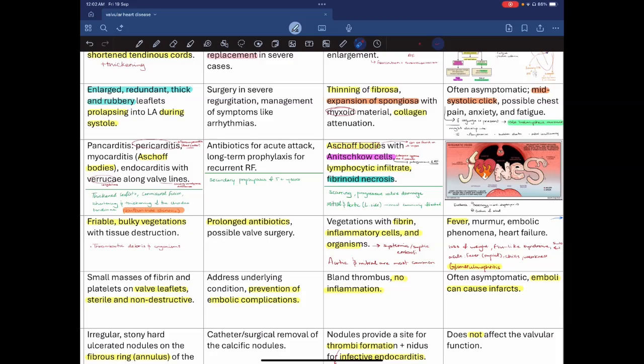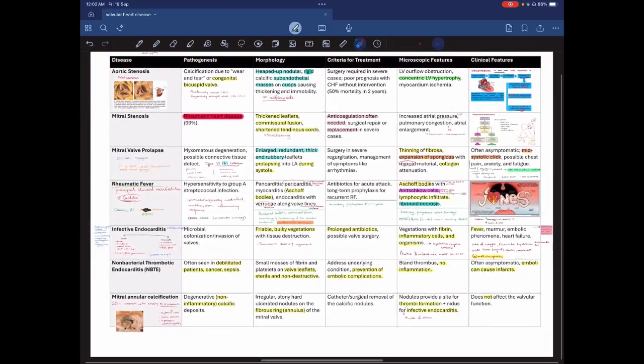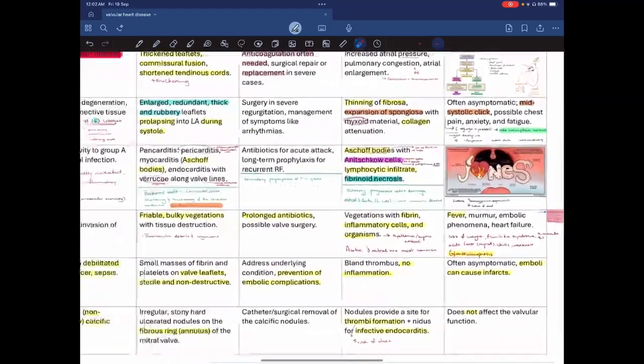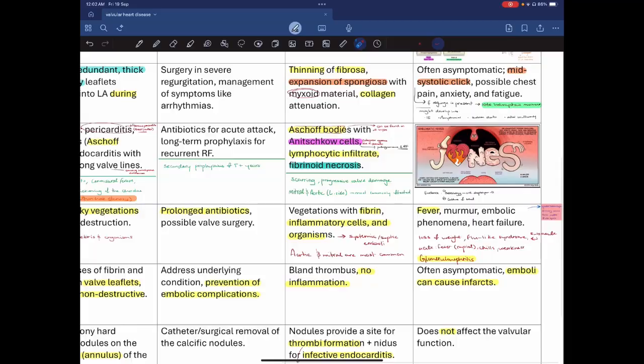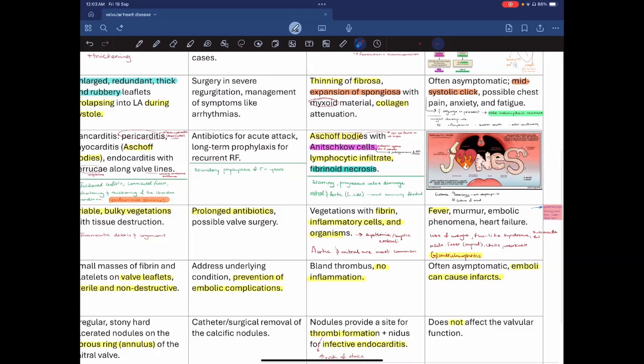Septic means infectious, and emboli means the thrombus on the valve will start to break away and go, for example, to the coronary artery of the heart or to the brain, causing stroke. That's why it is so important to manage the patient so he doesn't get these types of consequences.